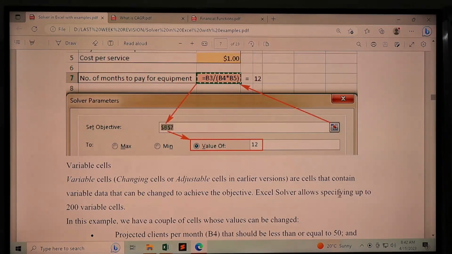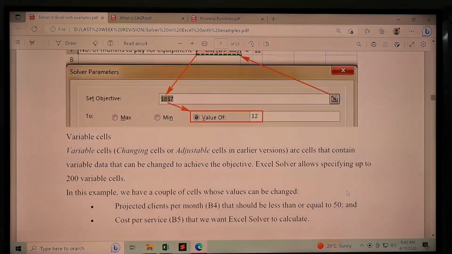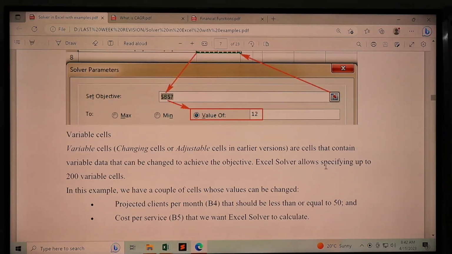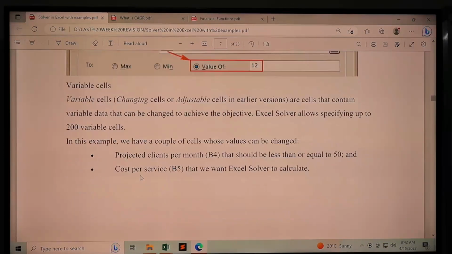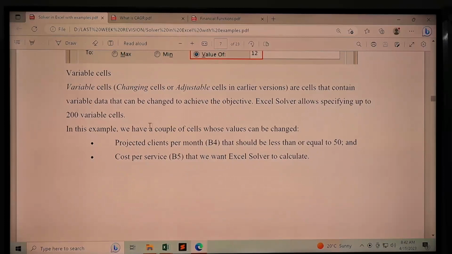Excel Solver allows specifying up to 200 variable cells. That is, you can set a number of them. In this example, we have a couple of cells whose values can be changed in order to achieve our objective. So number one is projected clients per month.